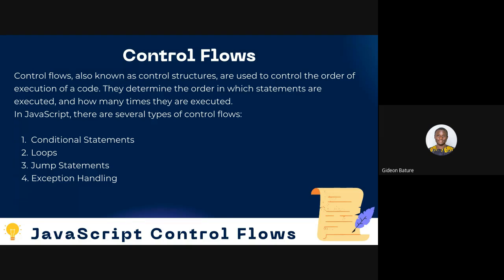Now, what are even control flows? Control flows are also known as control structure. What control flows do, just imagine you have a bucket of water, and you are trying to make the water inside the bucket flow in a particular direction.